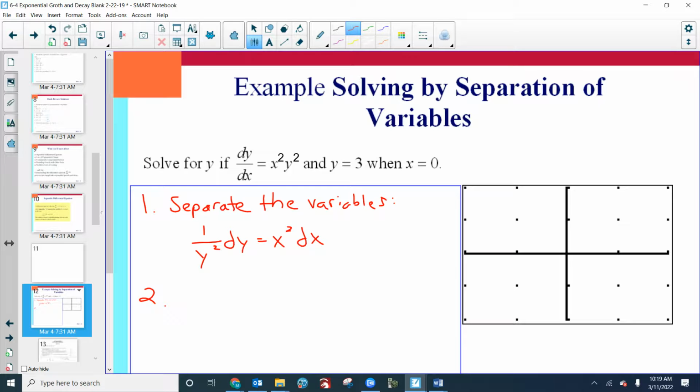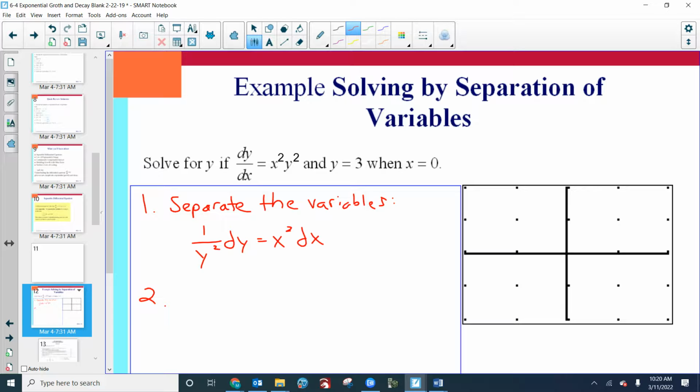Well, wait a minute. What are we doing here? They asked us to solve for y. That should be shouting to you, take the antiderivative, right? Isn't this dy dx? Now, we've never seen one like this before, but trust, if this is dy dx, then the antiderivative would be y, wouldn't it?